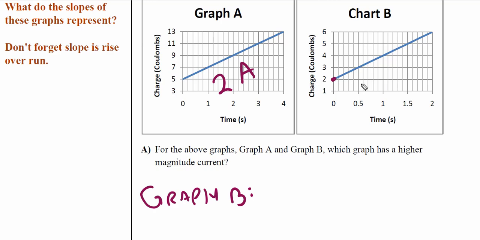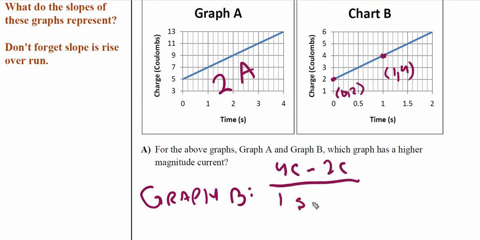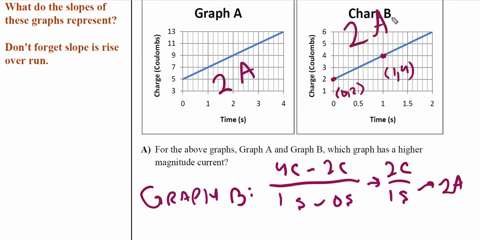I'm going to do (0, 2) and (1, 4). I have 4 coulombs minus 2 coulombs over 1 second minus 0 seconds. I also get 2 amps. So they carry the same current, the same flow of electrons.